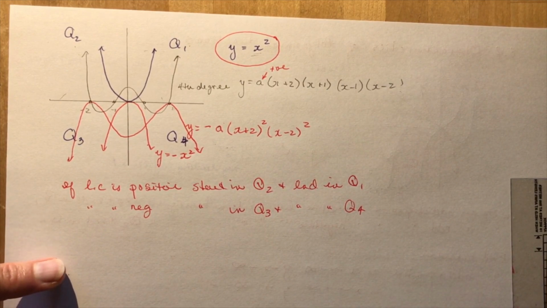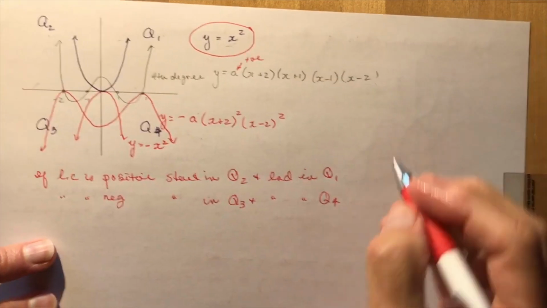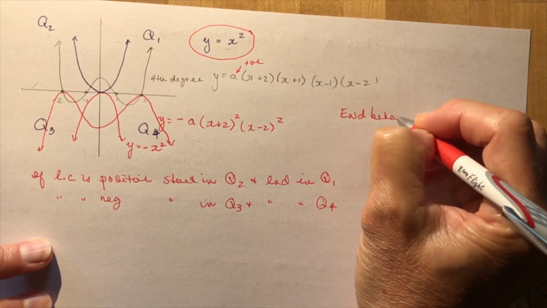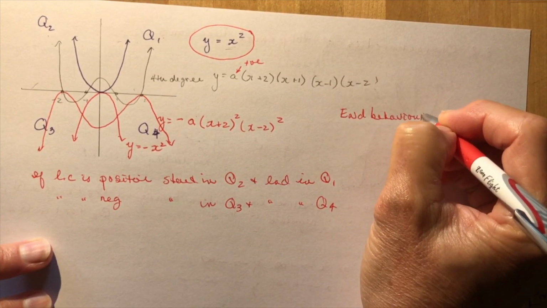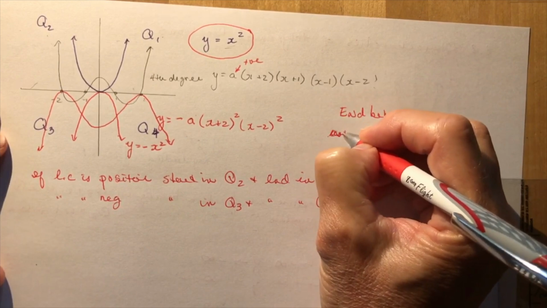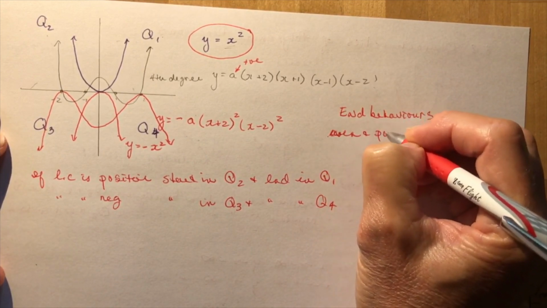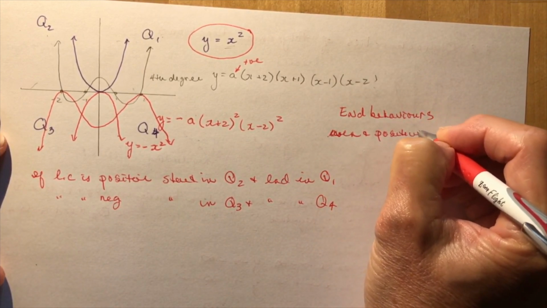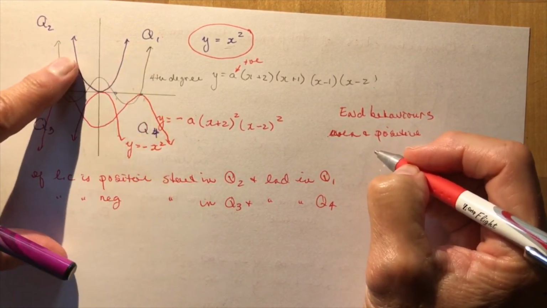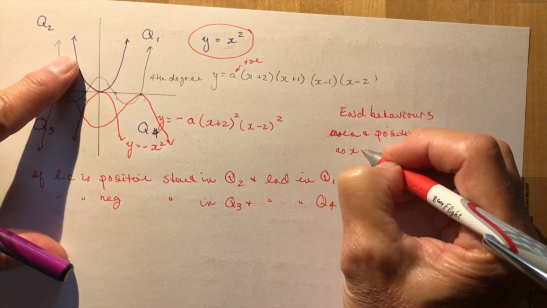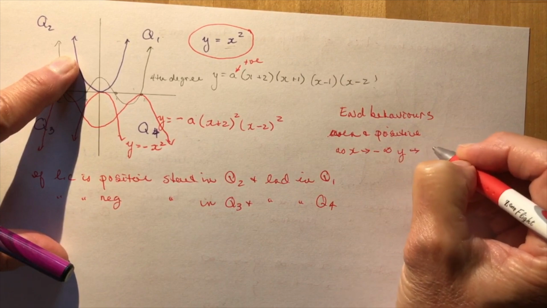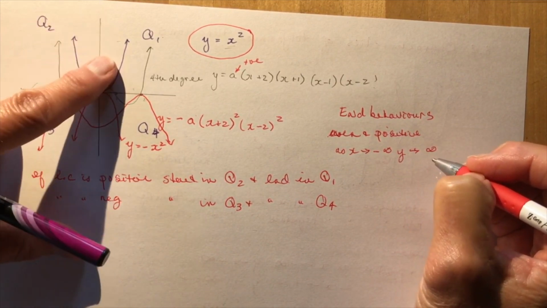Now the end behaviors for these, let's put this over here, end behaviors. So let's go even and positive. So an even degree and positive leading coefficient, that's this one. As x approaches negative infinity, y approaches positive infinity, because it's going up, right?